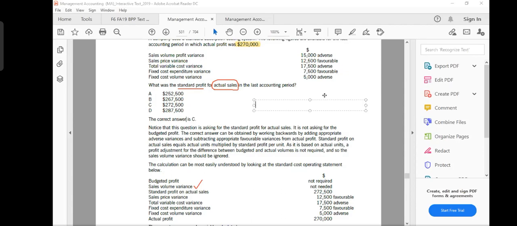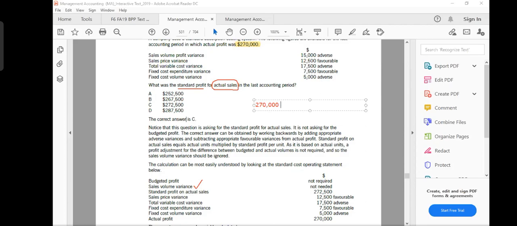How much profit did you make? You made 270,000. This is your actual profit. Then they ask you how much it should have been. Remember, standard, it should have been. You have this number, fixed cost volume variance 5,000 adverse. 5,000 adverse means your profit was decreased by 5,000.